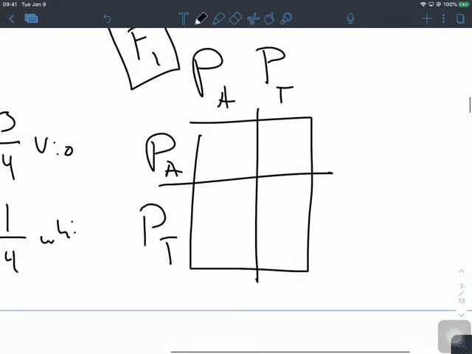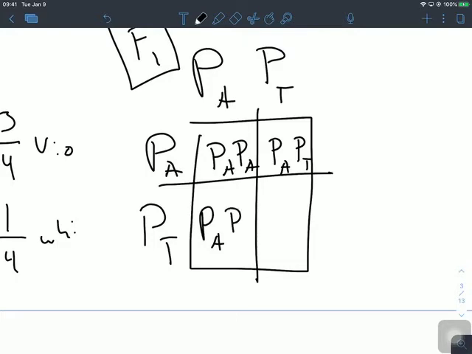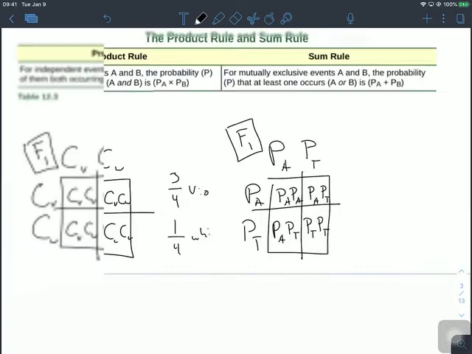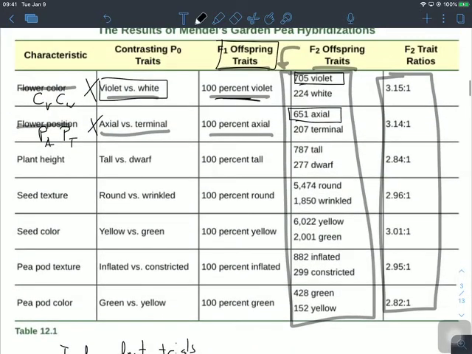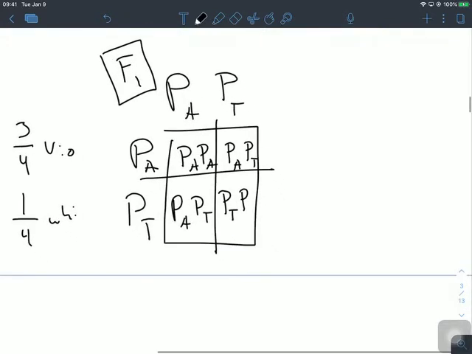In this case, axial axial, axial terminal, axial terminal, and terminal terminal. Now, I don't remember which one of these was dominant or recessive. So in the cross of axial versus terminal, I see that axial comes up. That means I know that axial is dominant to terminal. So you're getting 3/4 axial, 1/4 terminal.